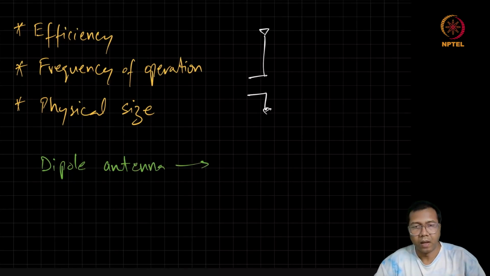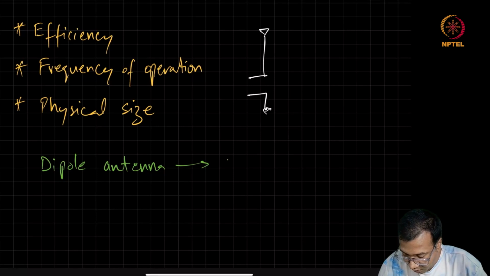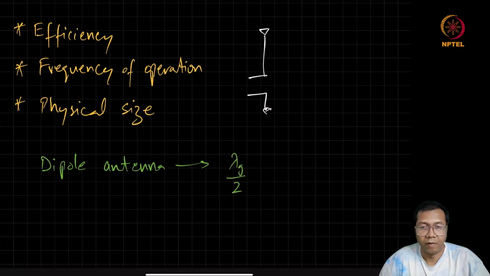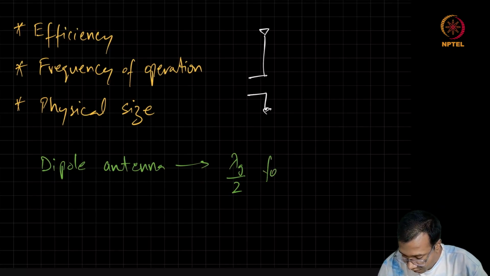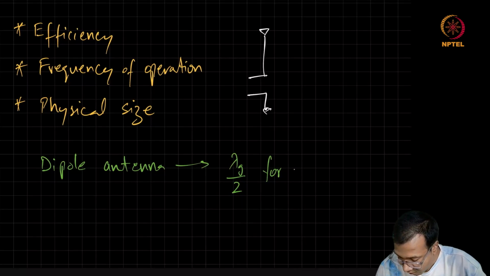In the dipole antenna, we find that the size of the dipole has to be of the order of half of the guided wavelength of the electromagnetic wave it is interfacing with. Okay. And if we don't maintain this size, it turns out that the transduction operation of the antenna is not going to be very efficient.